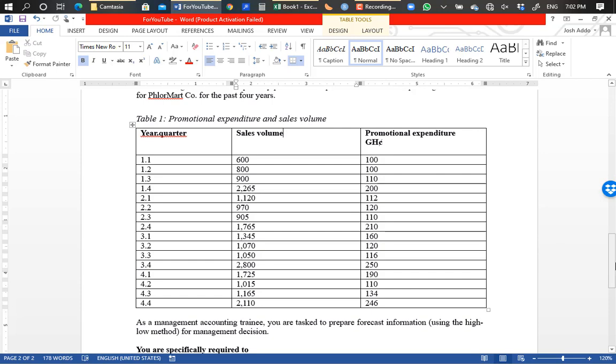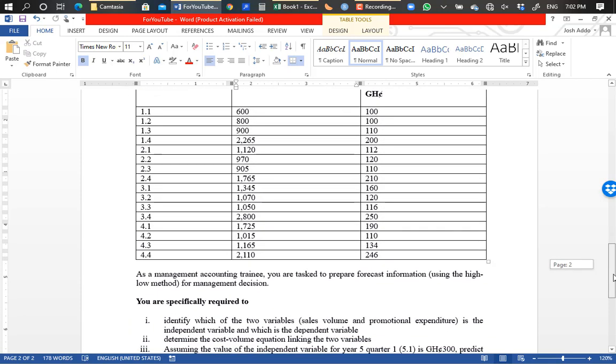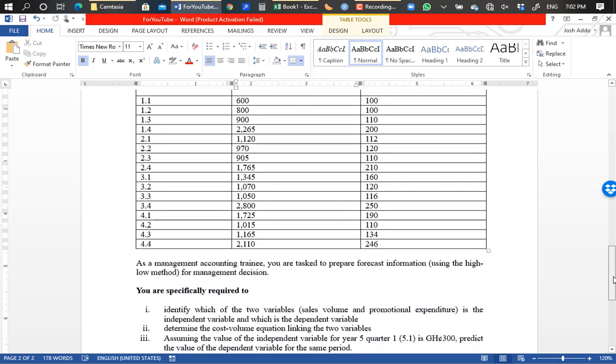So let's go ahead with the question. As a management accounting trainee, just as you are, you are tasked to prepare forecast information using the technique of high-low method for managerial decision.